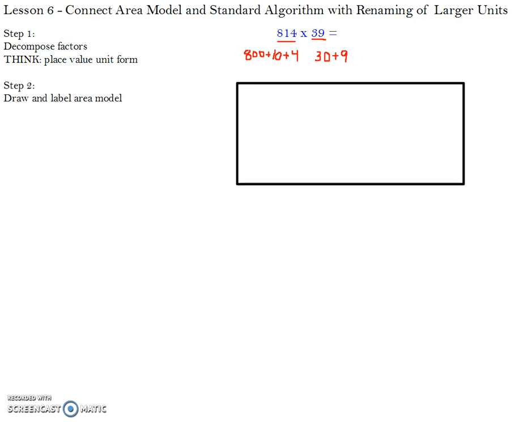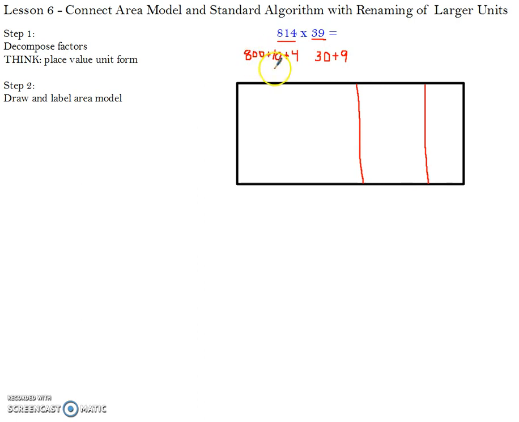Step 2 is you want to draw and label your area model. To decide how many sections you need, look at how many numbers you have. On the top, 814, I'm going to do 1, 2, 3 sections because there are 3 numbers. And so it's visually correct, you want to make those boxes big, medium, and small depending on their place value.